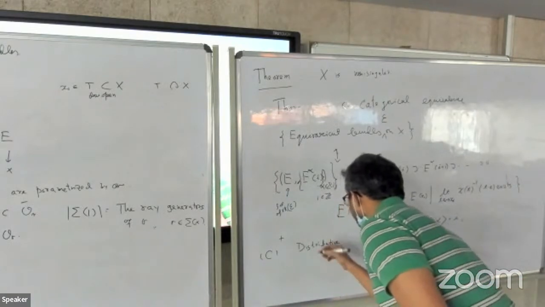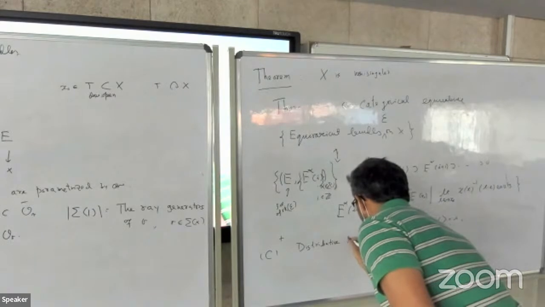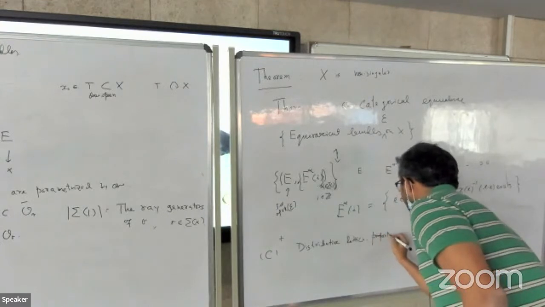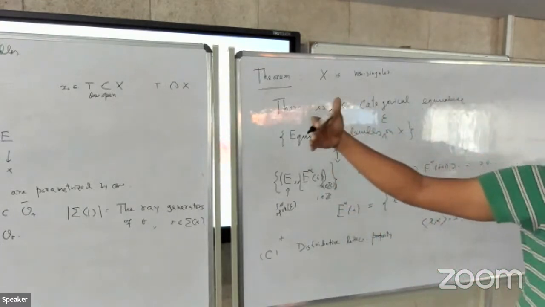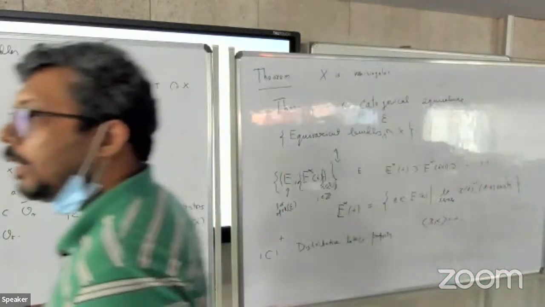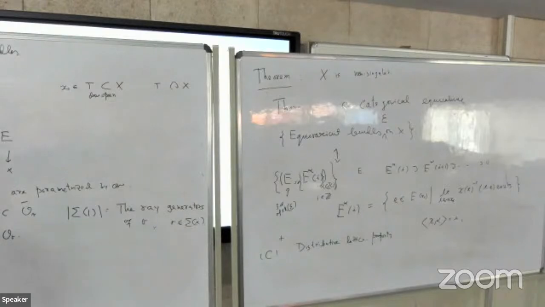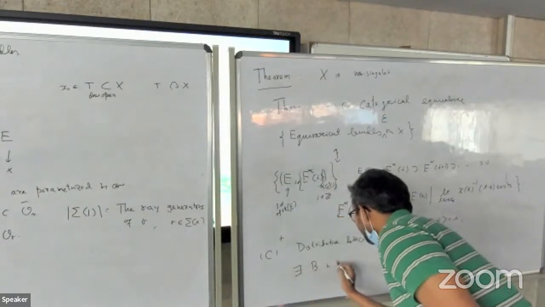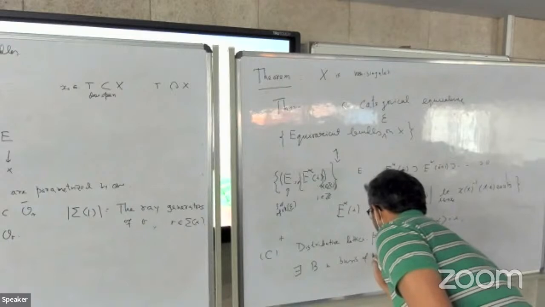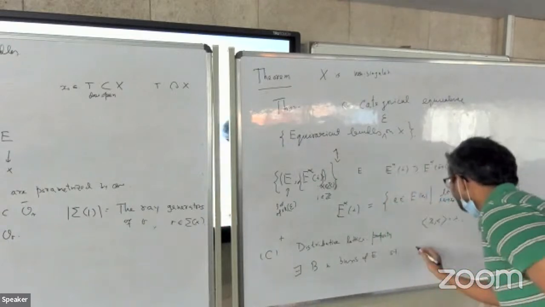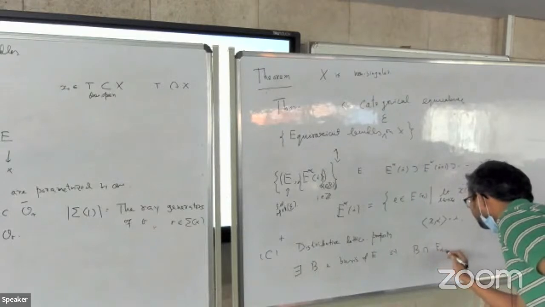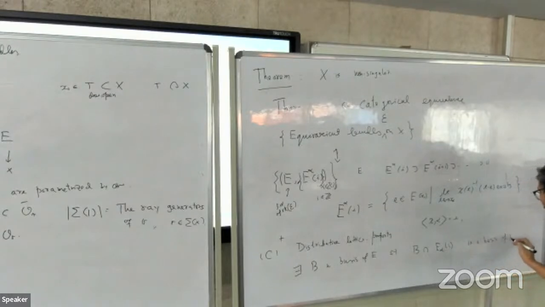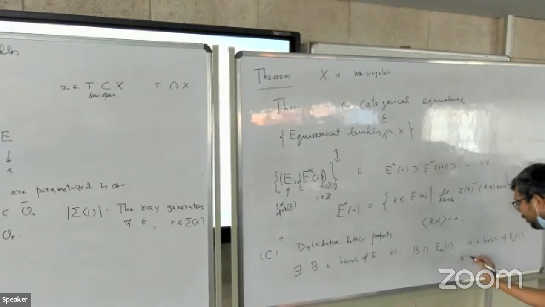There is some kind of compatibility required, so that there exists a basis B of E such that B intersection E alpha I is also a basis of E alpha I for all alpha and for all I.